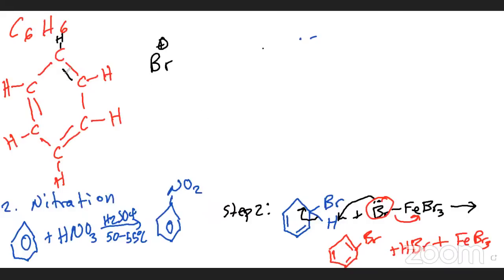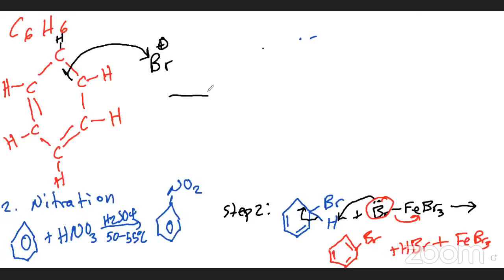So this black line here, I am using it to represent the pi electrons in your double bond. So this line here has 2 electrons, and I am using it to form a bond with this bromine. So this is a dative covalent bond where one atom donates 2 electrons to form the bond. So we are moving the 2 electrons from this bond to bromine.